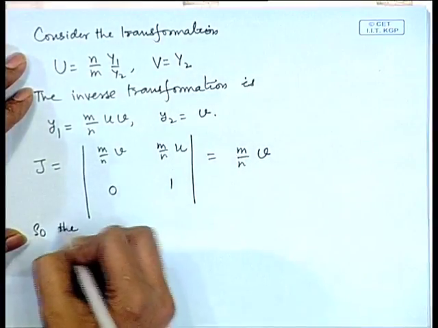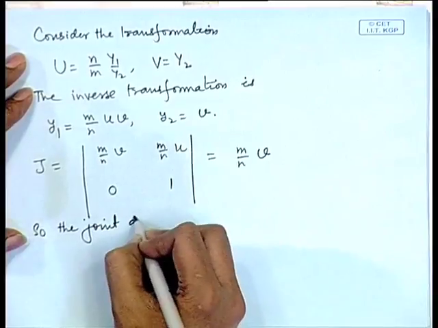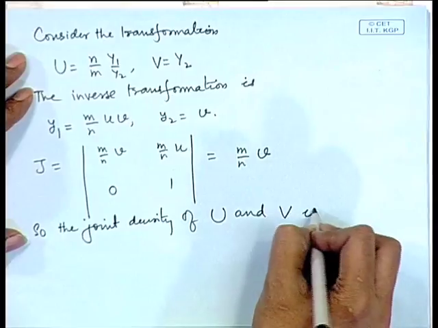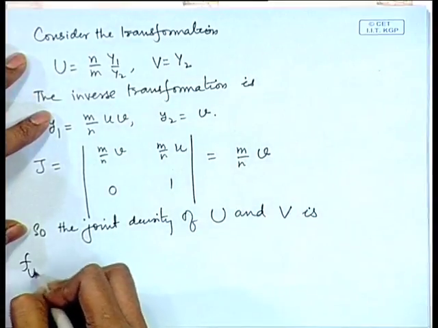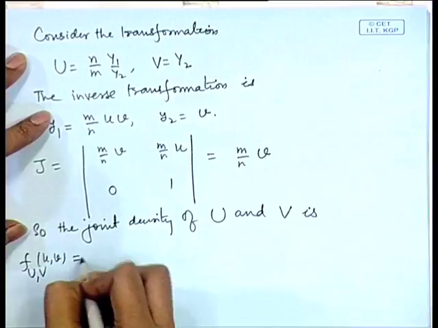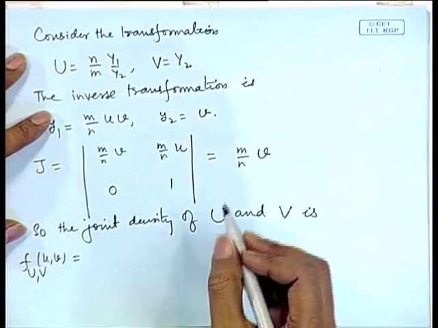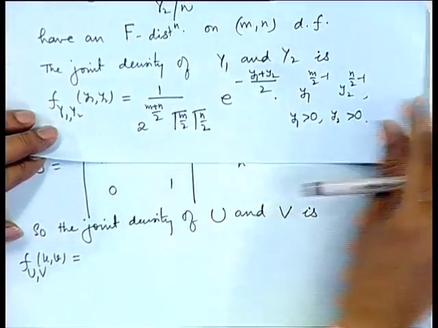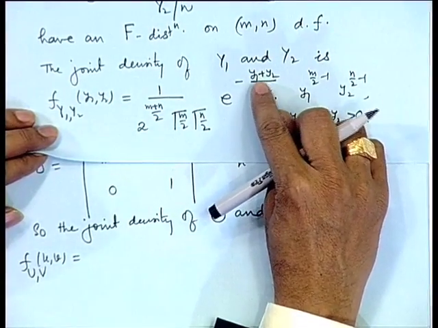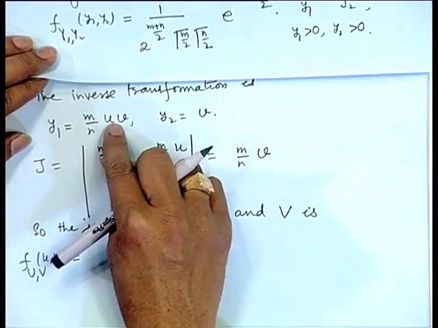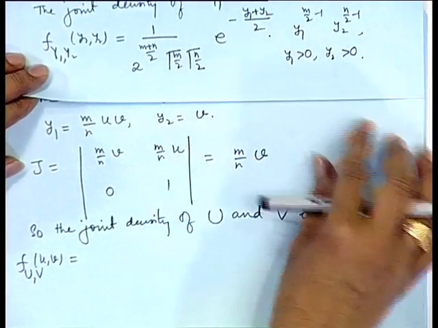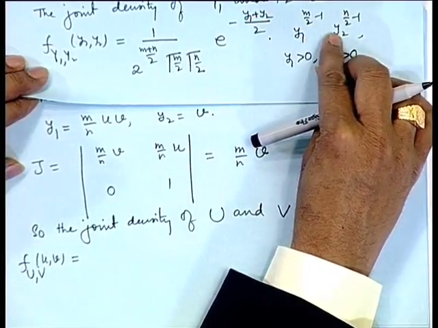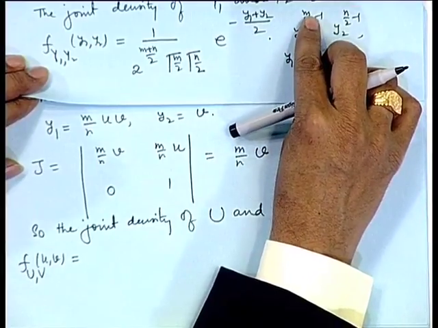So, the joint density of u and v is: now you can observe we have this constant term and we replace y 1 by m by n u v and y 2 by v. So, the v by 2 term will come out and this will give additional powers of v, while the power of u will be this one only.